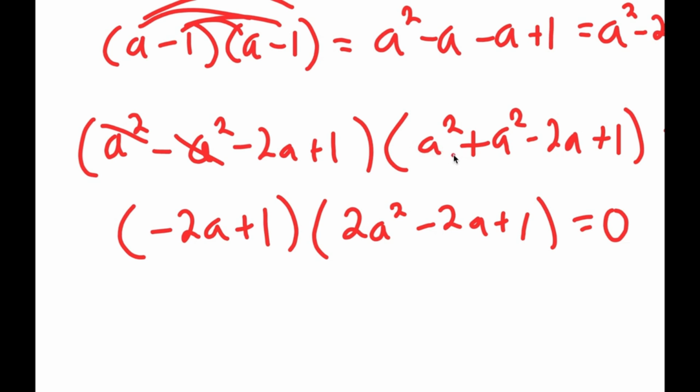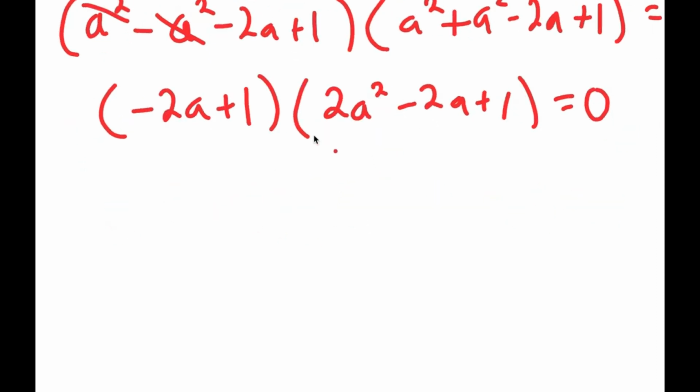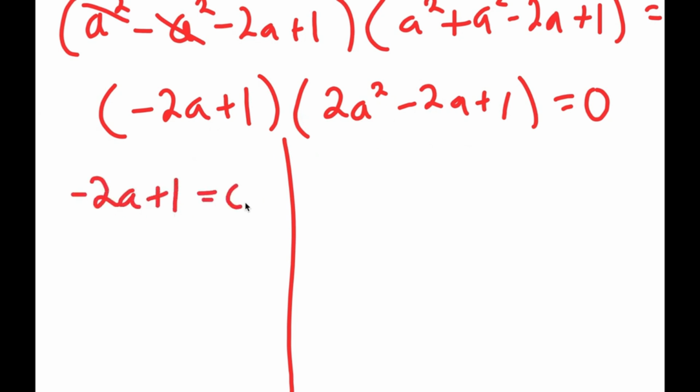So now from here, what I'm going to do is divide this into two different equations. My first equation is negative 2a plus 1 is equal to 0. And my second equation is 2a squared minus 2a plus 1 is equal to 0. Because just one of these needs to equal 0 for the entire equation to be equal to 0.